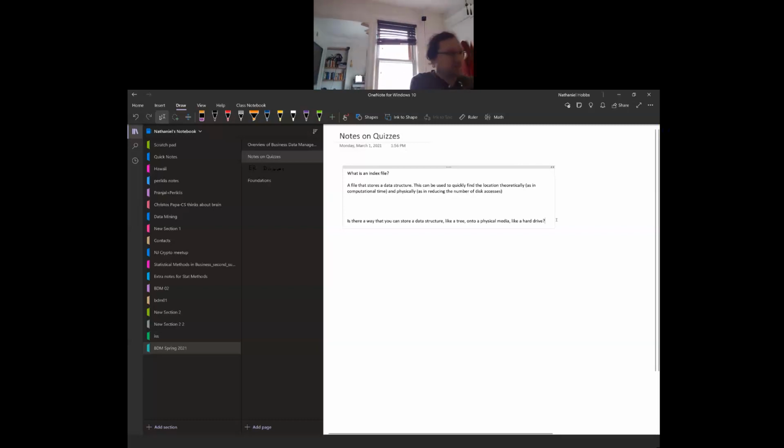Well, there's a couple points here. Points of note. A tree is a very efficient computational data structure.